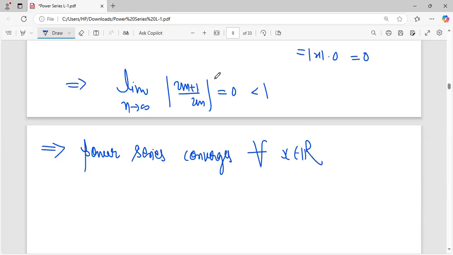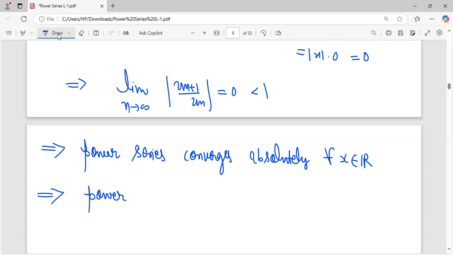Converges absolutely for all x belongs to R. This implies the power series converges for all x.